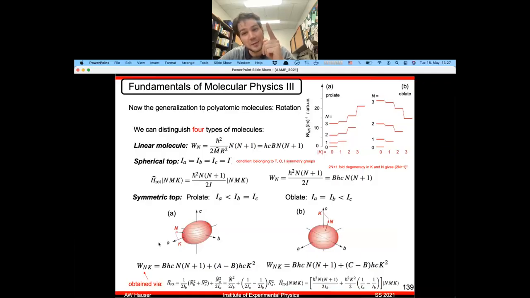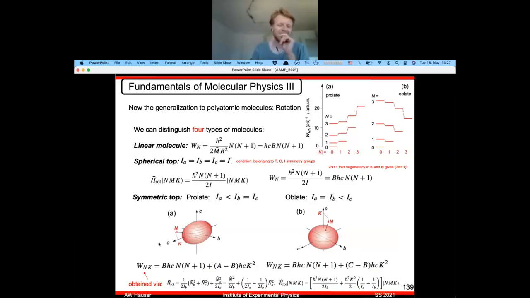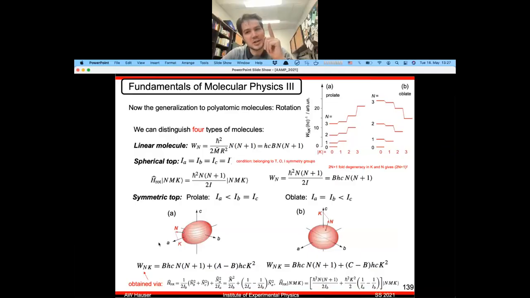It's inverse, right? So when the projection gets larger, this means that this vector N has a larger projection onto the a-axis, and our moment of inertia gets smaller. But when the moment of inertia gets smaller, then the corresponding rotational constant gets larger, and therefore the energy splitting goes up. And this is why in the prolate case, with increasing K, we get a shift to higher energies.